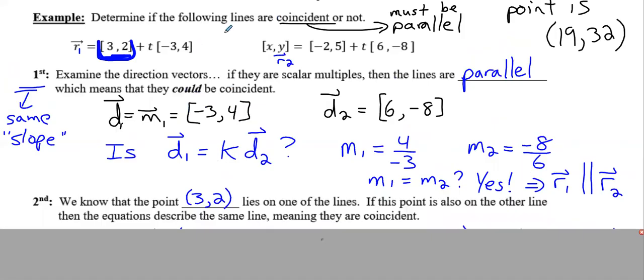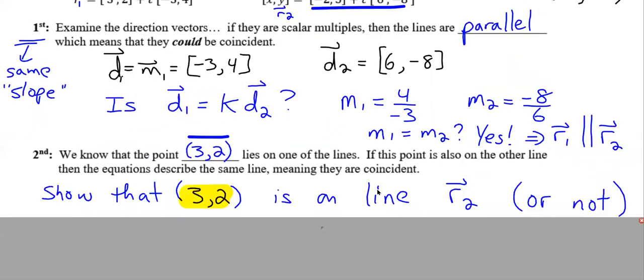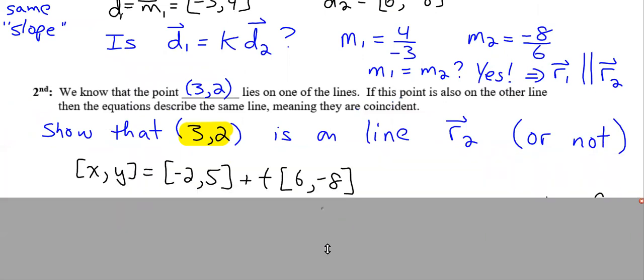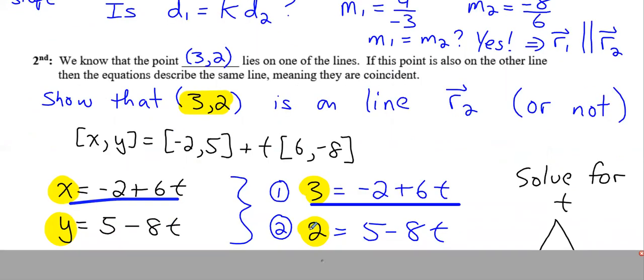So if we're trying to determine if it's coincidental or not, we want to see if this point is also on this line. How do we do that? Well, we can set up a different system here of parametric equations. So again, we can rewrite the parametric equations, replacing the x's and the y's, and then solve for t.